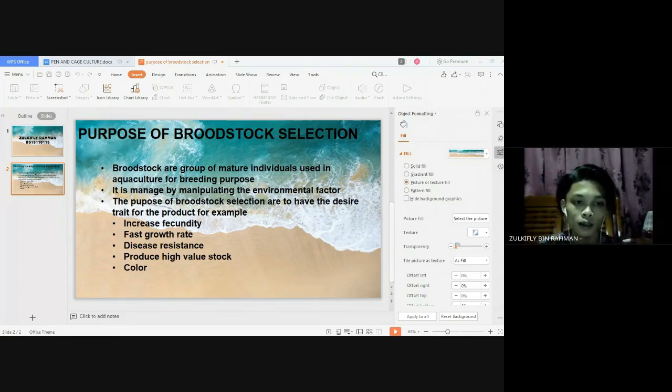For example, the fish have a desirable size, have a good taste if it is for food, and have a good outside appearance.